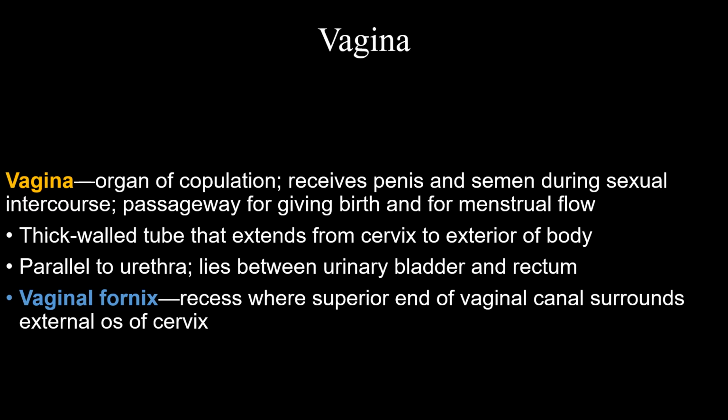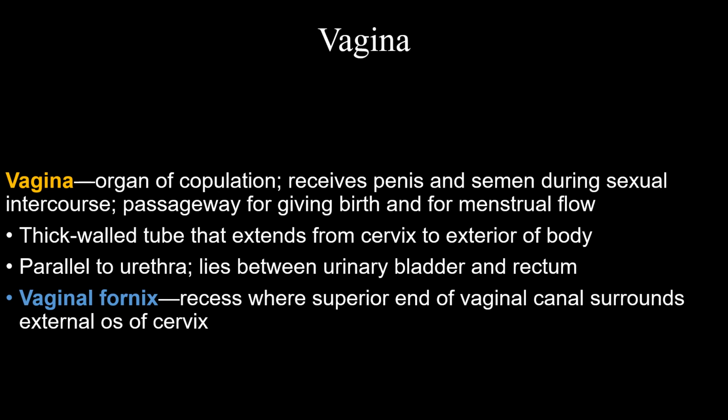And it parallels the anterior urethra lying between the urinary bladder and the rectum, with the superior end of the vaginal canal surrounding the external os of the cervix, producing that recess of the vaginal fornix.